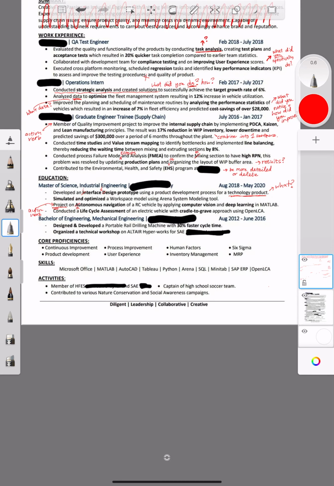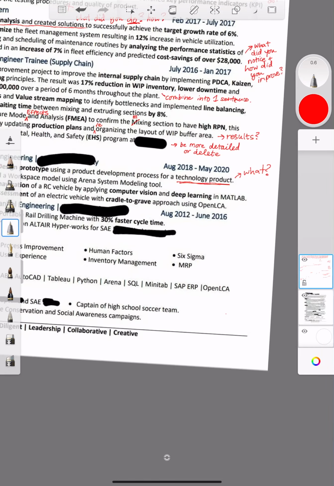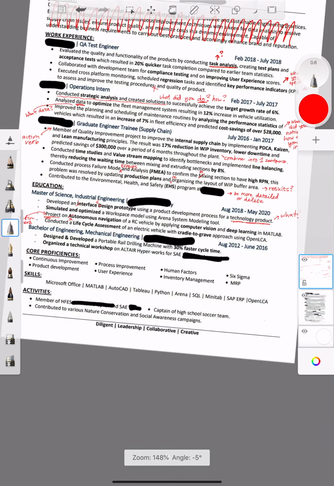Deep learning and computer vision, that doesn't really mean anything to me. Maybe elaborating a little bit more would help. Like computer vision, did you use sensors? What kind of sensors did you use? Why did you use those sensors? Deep learning, does it have a machine learning algorithm going on there? Does it learn from its environment? Does it try to map out its environment? I don't really know what this RC vehicle is doing.